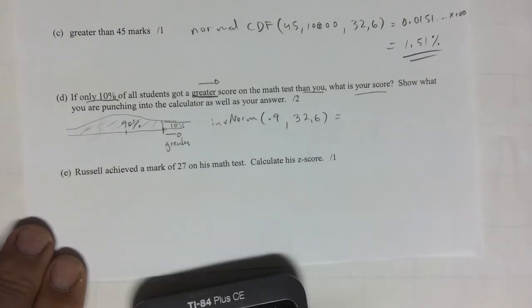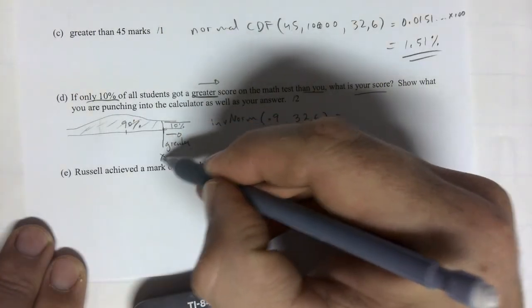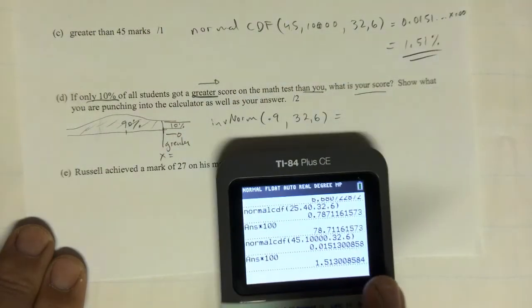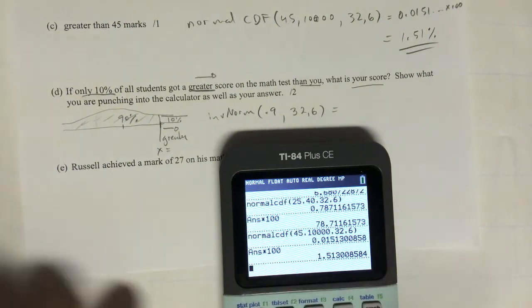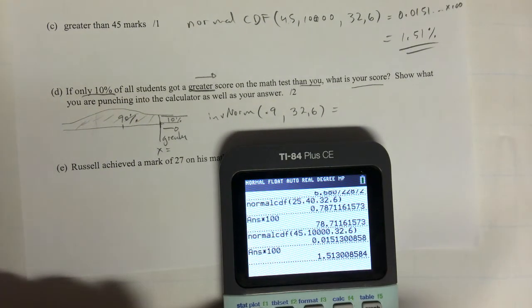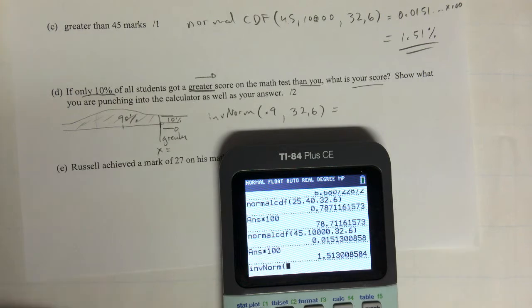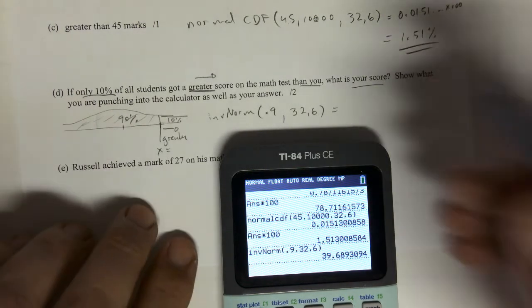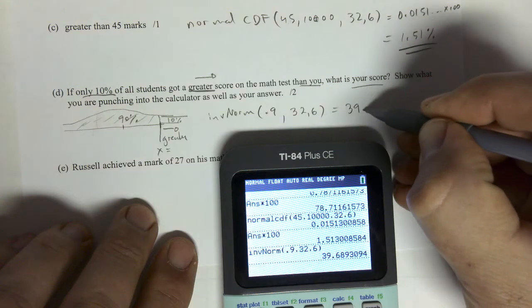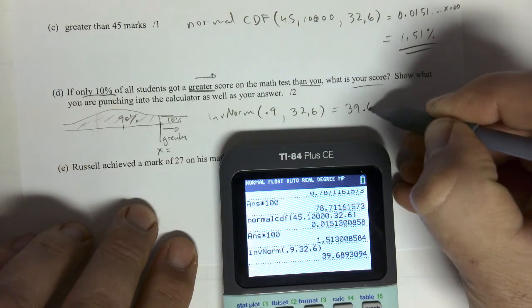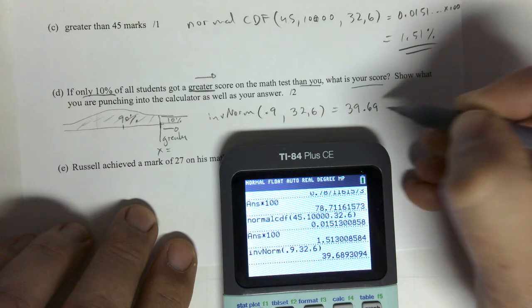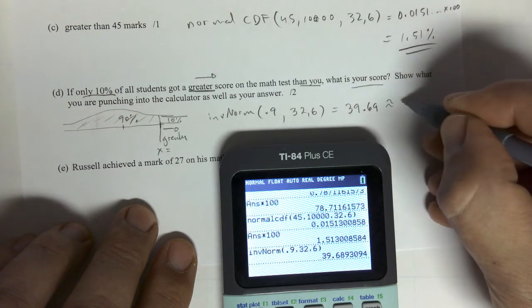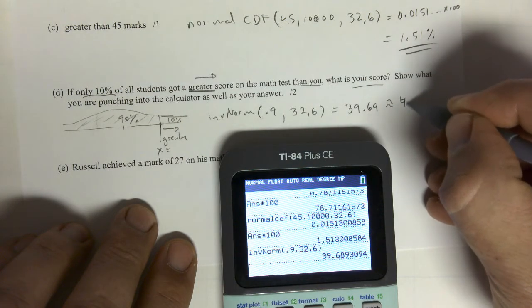So that will now give us this x value that we're after. Okay? So second vars, inverse norm, 0.9, 32, and 6. And that's 39.69, which is approximately 40 marks.